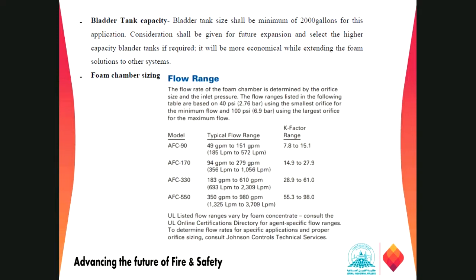And while selecting the bladder tank, we should consider future expansion. If your project is expanded in the future and more tanks with larger diameter are coming, keep in mind we can choose bladder tanks of larger size to overcome this situation in the future.